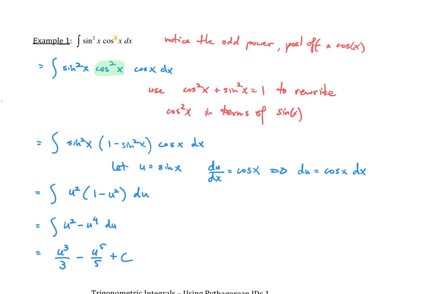My original integral was in terms of x, so I can't leave my answer in terms of u. So I need to change that back. So that's going to be equal to sine cubed x over 3 minus sine to the 5th x over 5 plus c. And let's highlight our final answer like this. Okay.